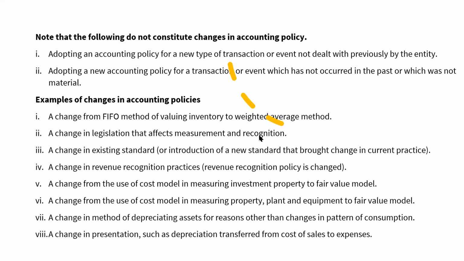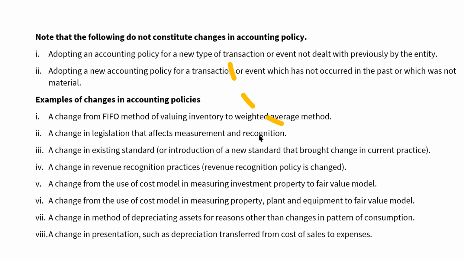It's important I mention that the following will not be considered a change in accounting policy. Number one, adopting an accounting policy for a new type of transaction or event not dealt with previously by the entity is not a change in accounting policy.